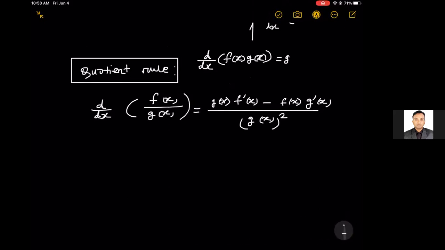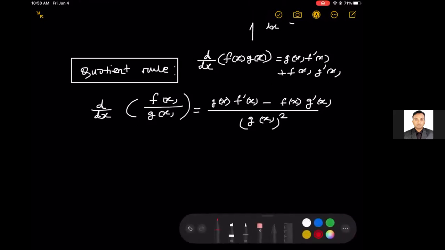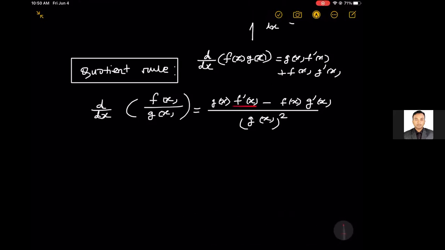Let me write it in the same order so that it makes more sense. The first thing is we'll definitely do the same for the quotient rule as well: keeping one function and finding the derivative of the other.